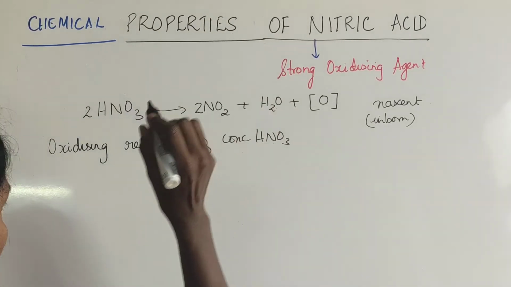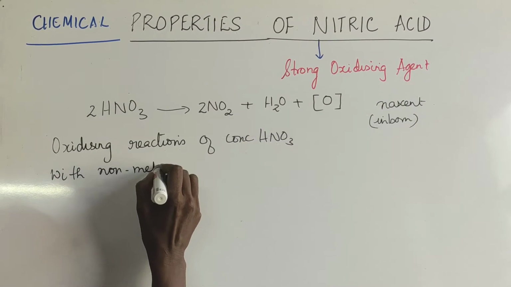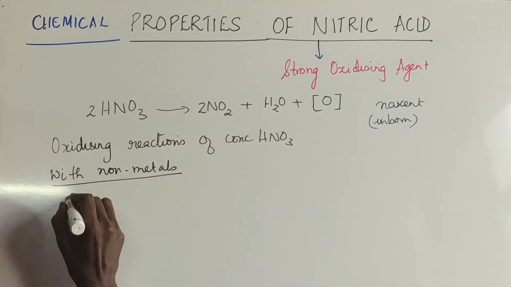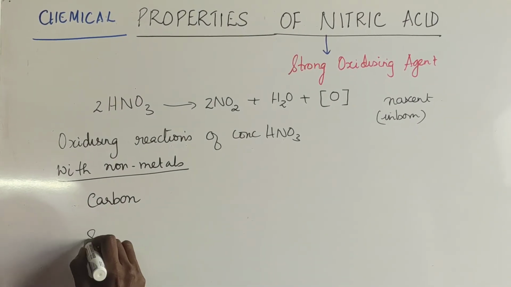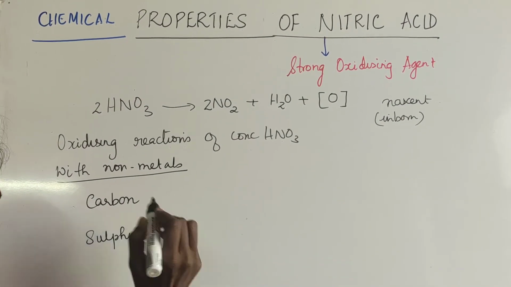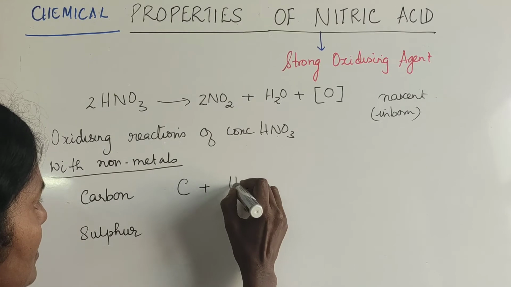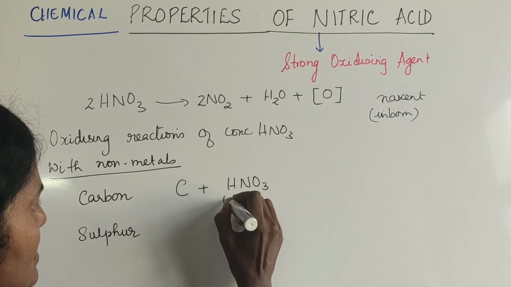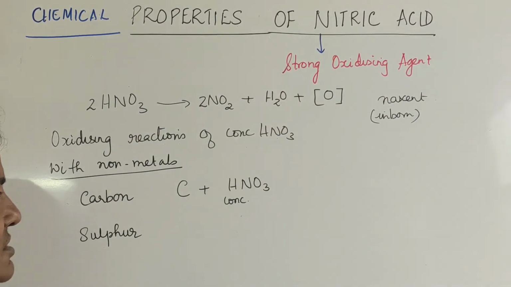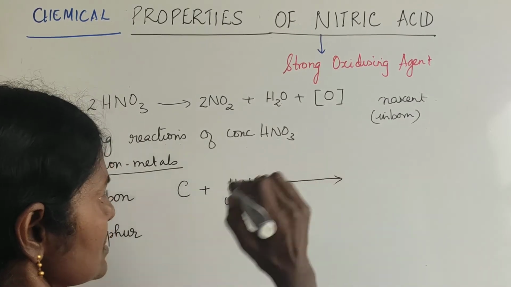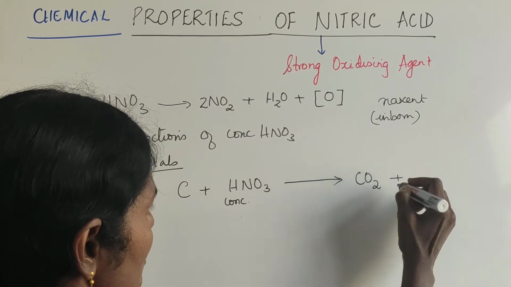With non-metals, there are two things that we need to learn. One is with carbon and the other one is sulfur. When nitric acid reacts with carbon, remember, the oxidizing property is evident only when it is in the concentrated form. Carbon would combine with oxygen to give carbon dioxide.